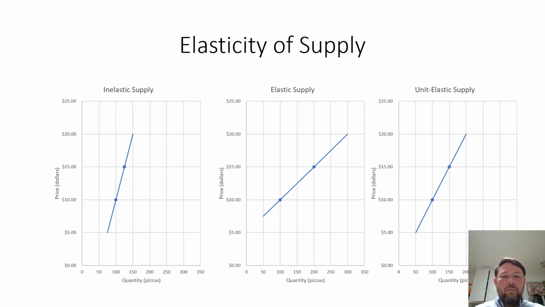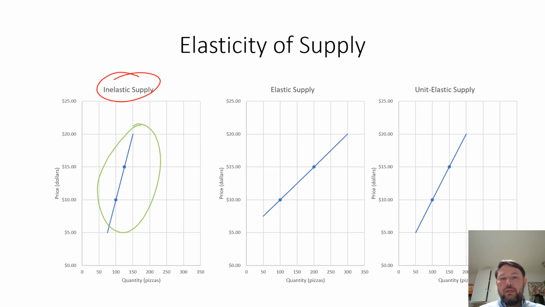Here we can see what these might look like. We can see with inelastic supply here that our supply curve is pretty steep. It is closer to vertical than it is to horizontal. So that would be a visual clue.